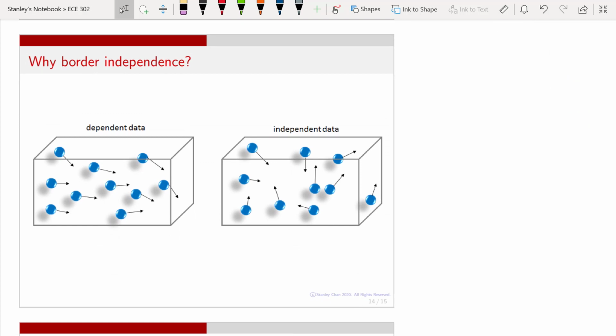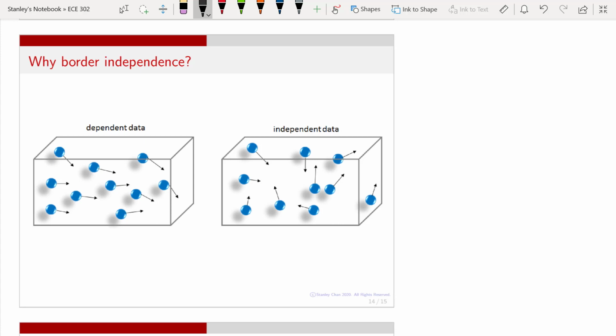So finally, let me comment on why we want to study independence. Suppose you are in a room and there are many molecules in this room. And now you want to study the statistical properties of these molecules. It will be easier or harder to study this case or that case.